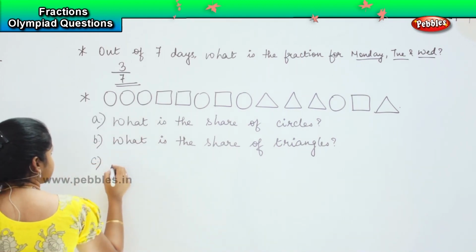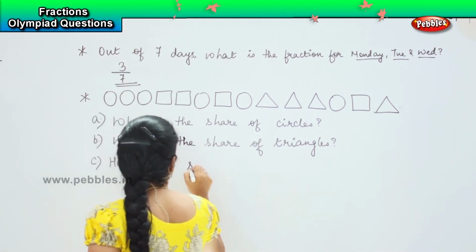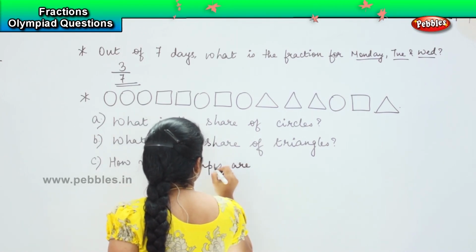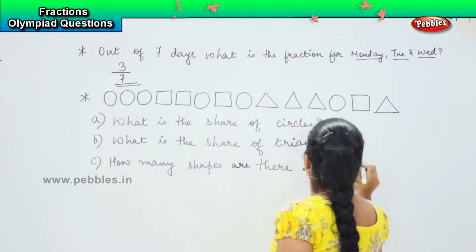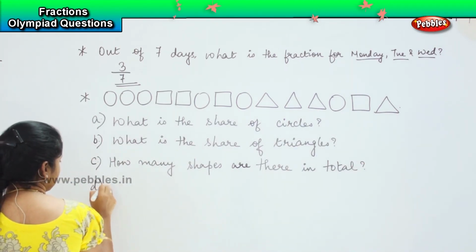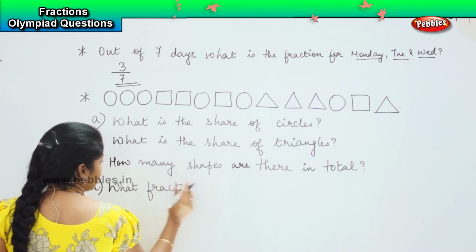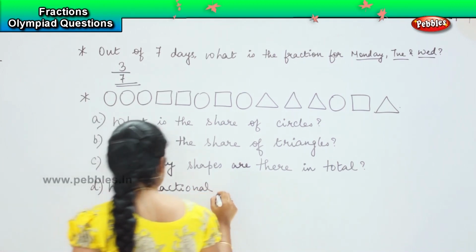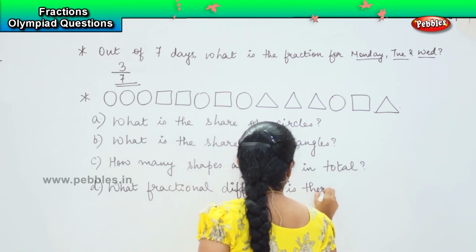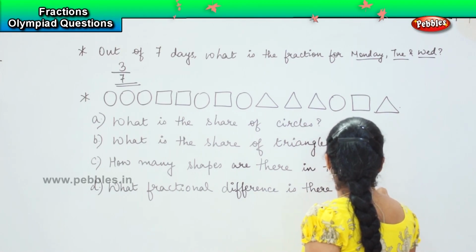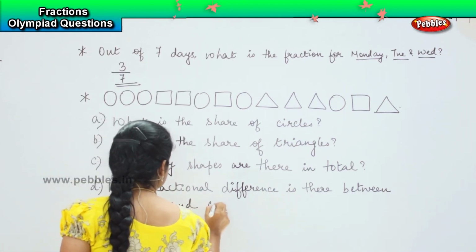The next one is, how many shapes are there in total, and what fractional difference is there between square and circle?